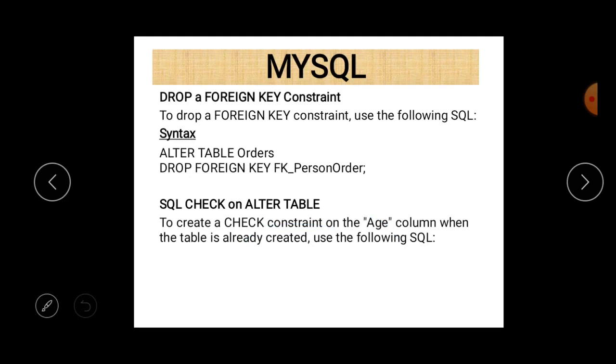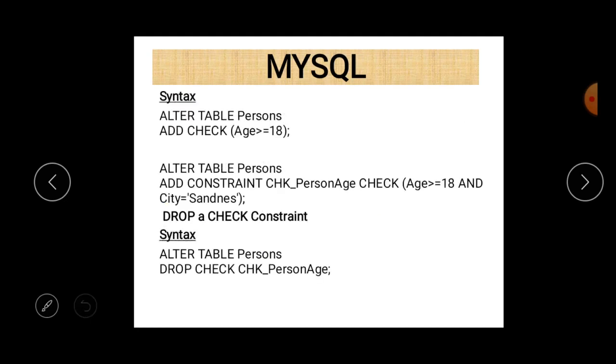Next is SQL check on alter table. To create a check constraint on the age column when the table is already created, use the syntax alter table persons add check, and the condition is age greater than 18, written within the parentheses. So after the execution of that statement, the check constraint will be added using the alter table statement. You can also use another method, that is alter table persons, where you can also give the name of the constraint.